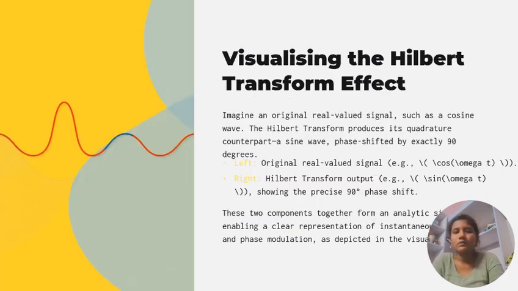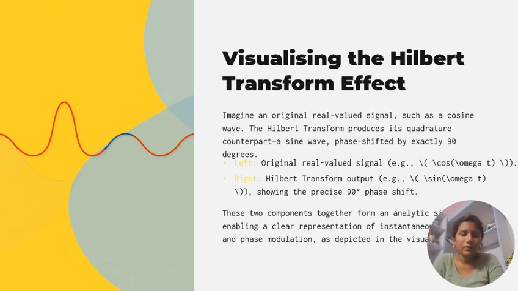Visualizing the Hilbert transform effect. Imagine an original real valued signal such as a cosine wave. The Hilbert transform produces its quadrature counterpart, a sine wave phase shifted by exactly 90 degrees. At left, the original real valued signal, for example cos omega t.